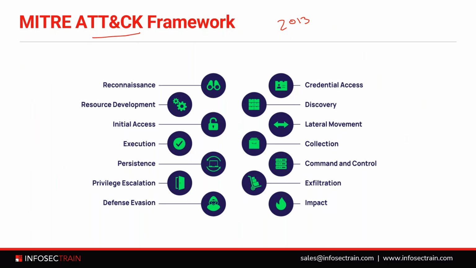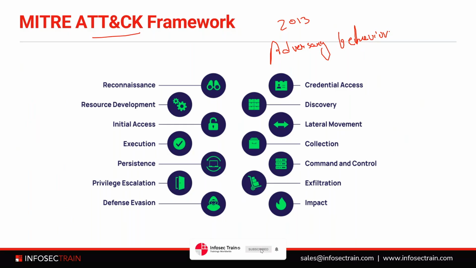So we needed a framework to address four main issues, right? First issue was adversary behavior. Focusing on the adversary tactics and techniques allowed us to develop analytics to detect possible adversary behaviors.